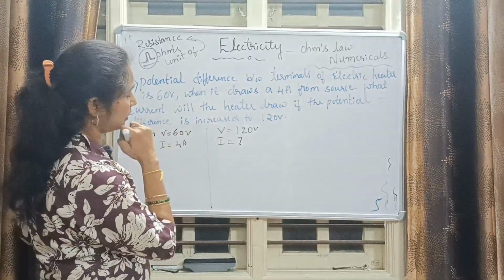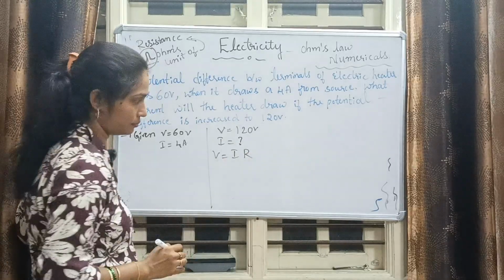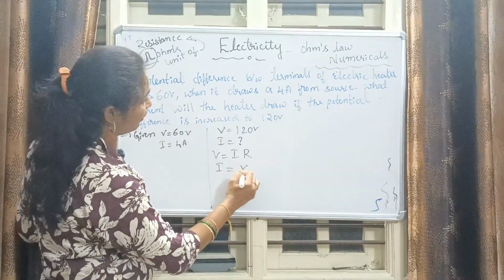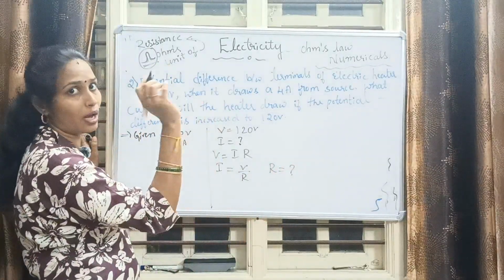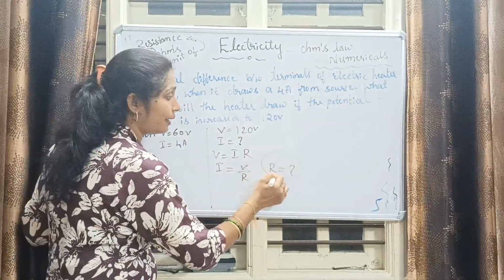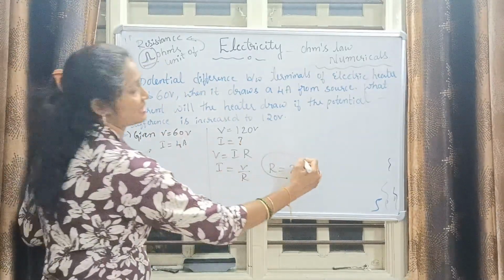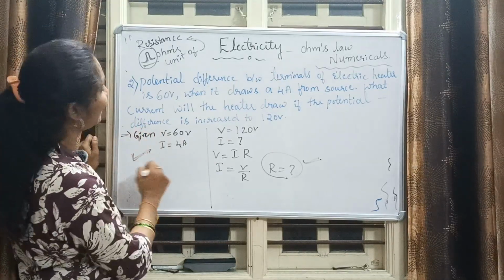They are asking you to calculate the current at this potential difference. You know V and I, and we know the formula V is equal to I into R. We have to calculate I, that is equal to V divided by R. But we don't know R. How are we calculating this R? By this information it is easy.